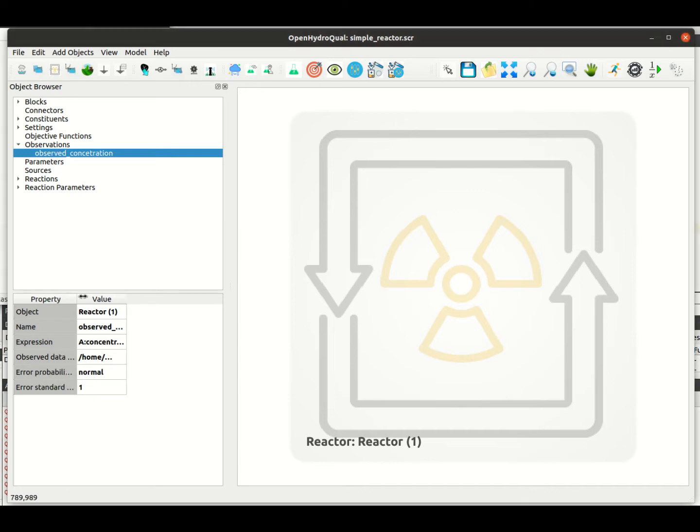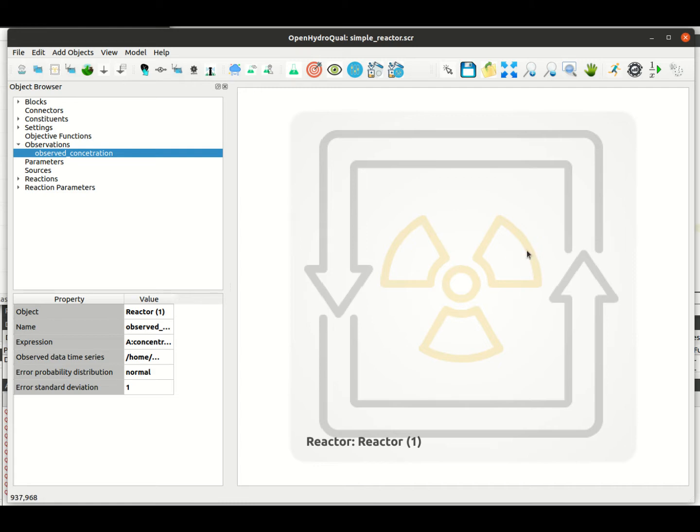In both deterministic and probabilistic parameter estimation, the likelihood function is calculated based on an error structure, which in OpenHydroQual can be log normal or normal, but in both cases it also requires an error standard deviation.